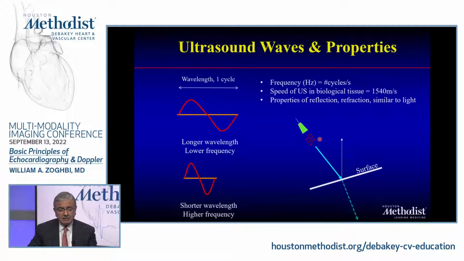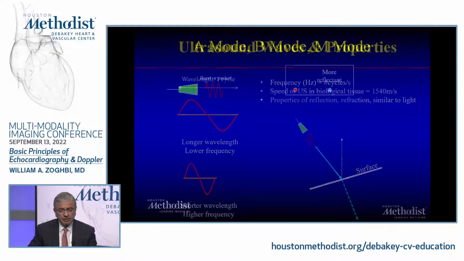But none of these you will be able to detect with the ultrasound transducer. The only thing that's detected is that little tiny reflection that is less than 10% of what you've sent. So it's a very tiny reflection back from the surface that you're basically detecting back in that ultrasound, and the signal is processed.